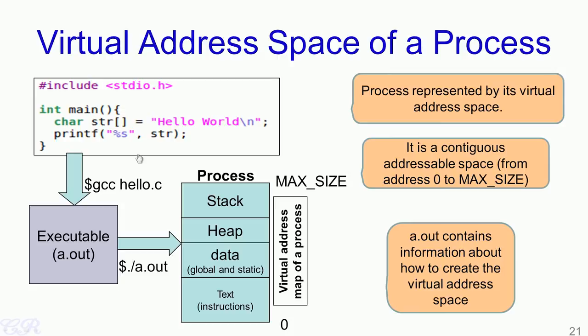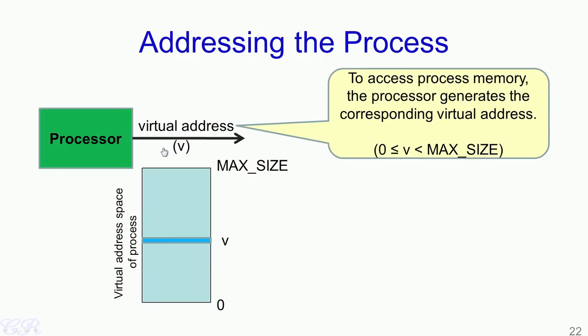So, let us say that the processor wants to access this particular string, at least the base address of this string, and as we know that would contain the letter H. What would happen is that the processor will put out a virtual address on its bus.